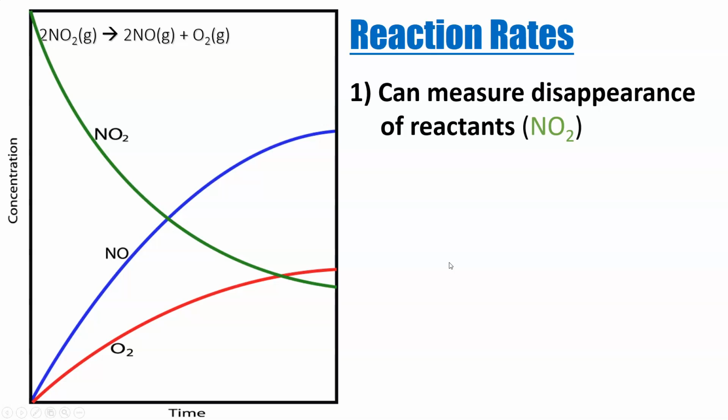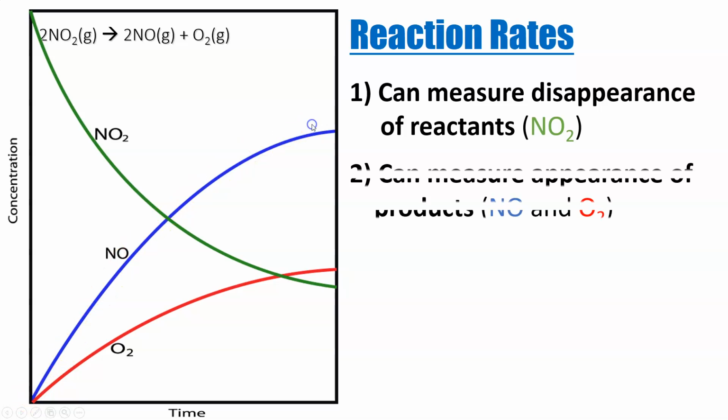Since dealing with negatives is often not super helpful, and sometimes it's pretty tough to measure the disappearance of a reactant in the lab, sometimes it's easier to measure how fast something else appears. So I could express my rate based on whichever chemical is most convenient to me.